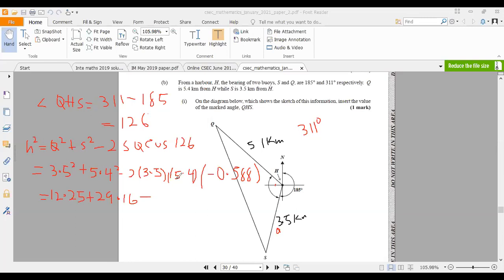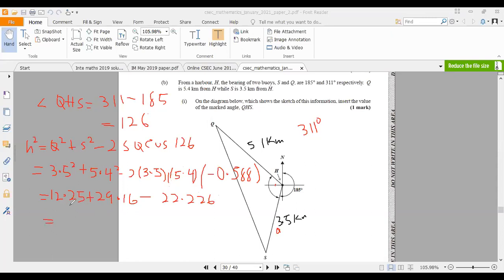What do you get? 22.226. Okay, so you're going to add these two here now.